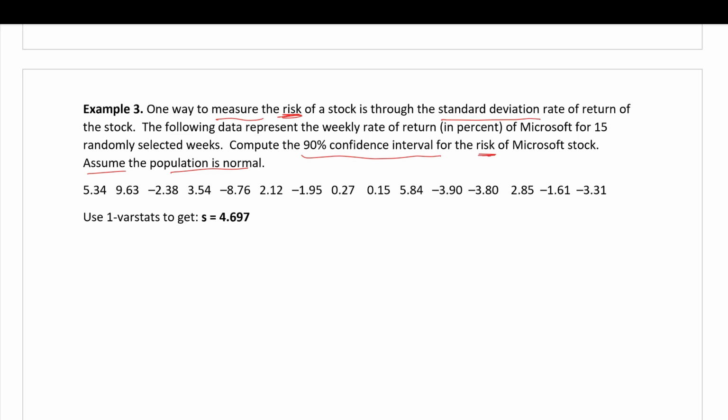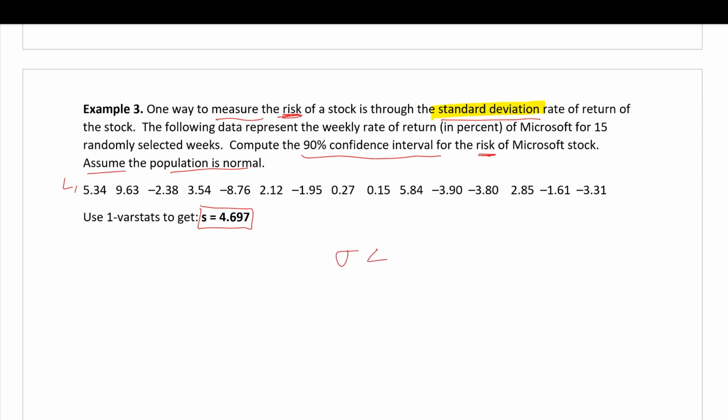Now, if you were to run this through your calculator, maybe put this under L1, we would return a sample standard deviation of this, rounded to 3 decimal places. Now, in order to calculate the confidence interval for the risk, which is the standard deviation in our case, let's start off with the confidence interval formula.